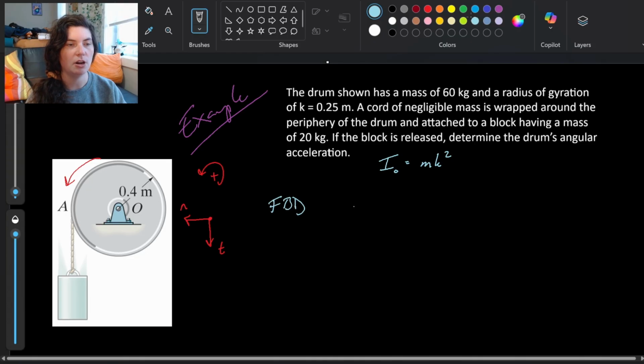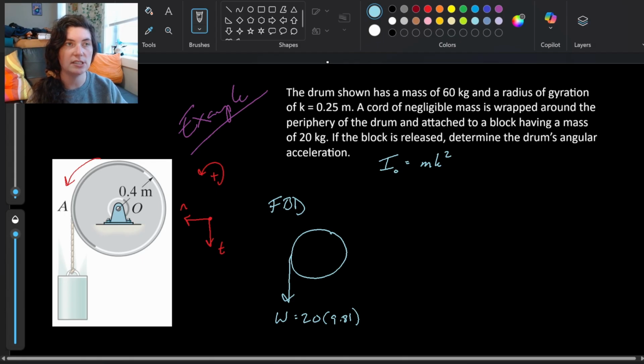And so I'm going to start with a free body diagram of what I've got going on here. I'm going to treat this all as one single system, where we have this drum that is connected to this weight. The weight of the block is 20 kilograms times 9.81.